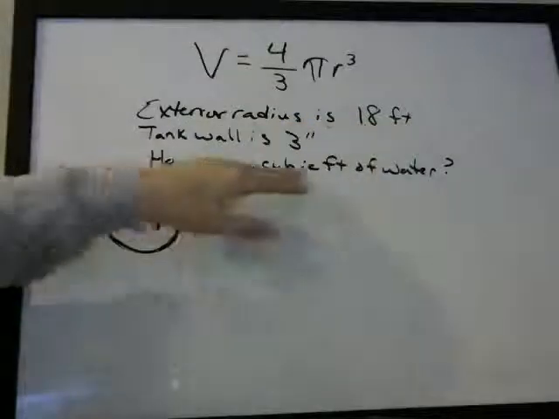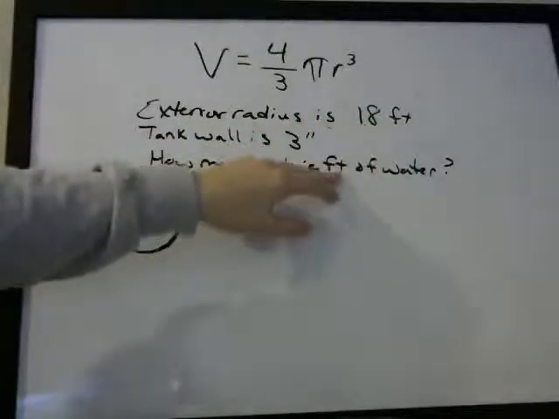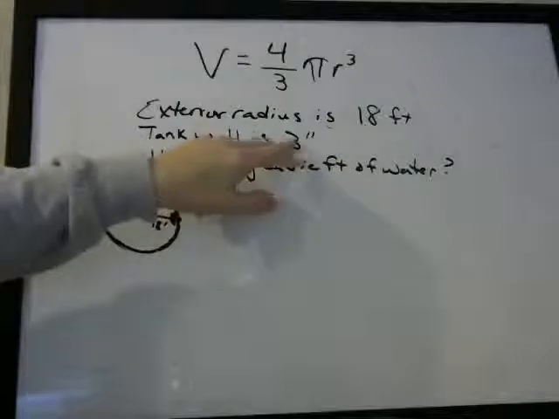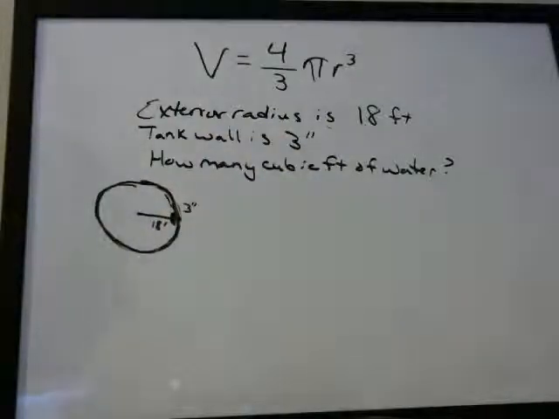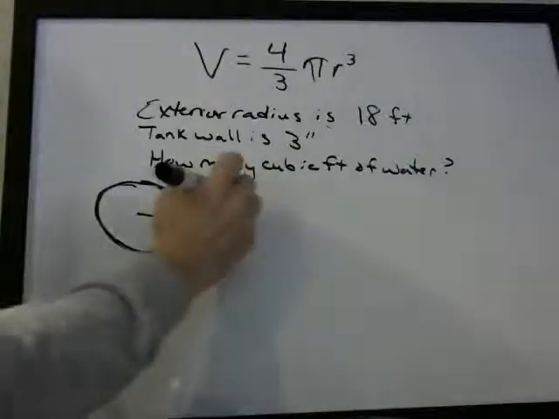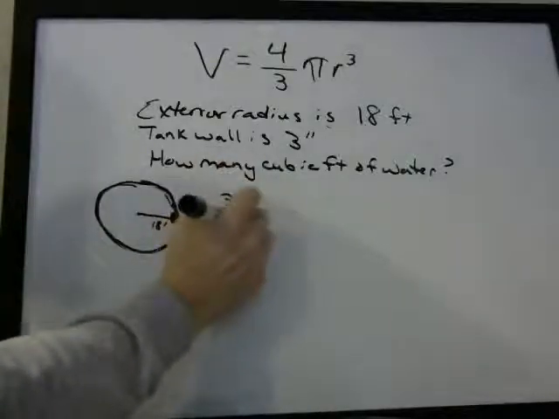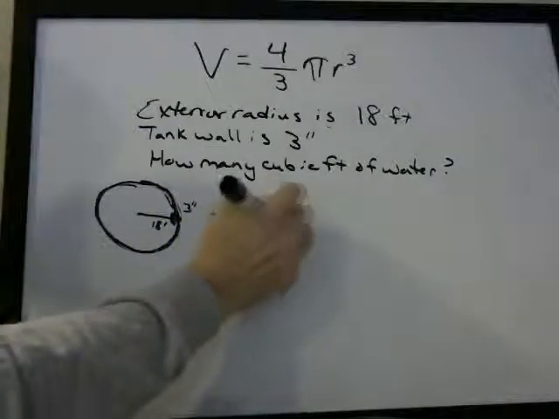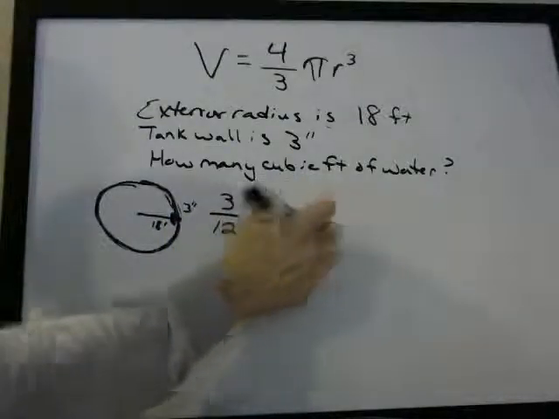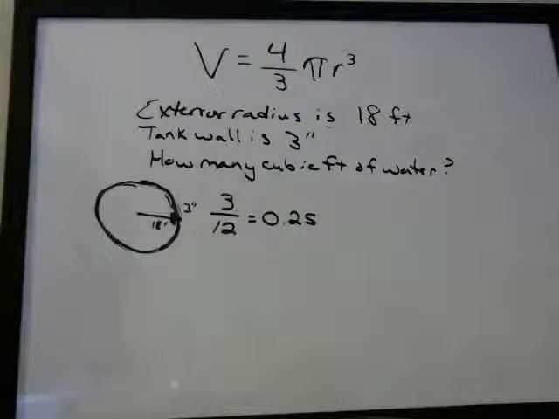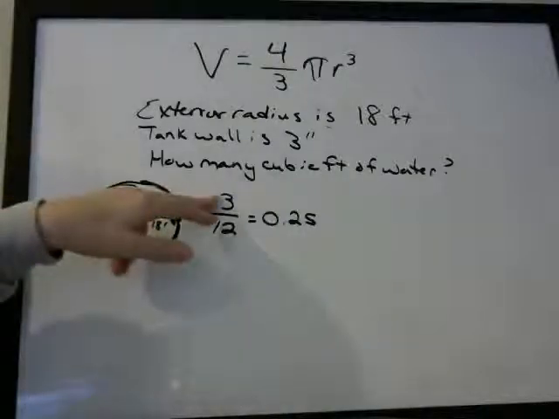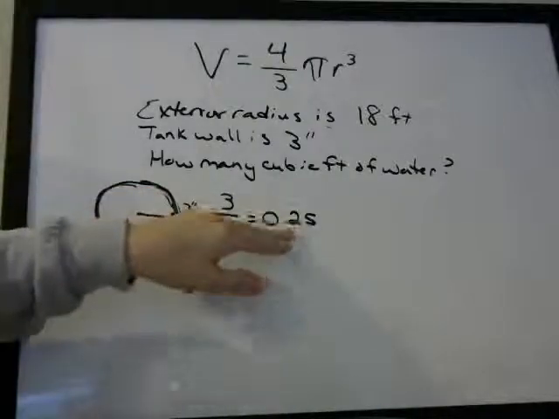Our final answer is going to be in feet, so we want to put everything in feet. 3 inches is how many feet? There's 12 inches in 1 foot, so all you do is divide by 12. 3 divided by 12, you put that in your calculator, and you get 0.25. So 3 inches is really 0.25 feet.